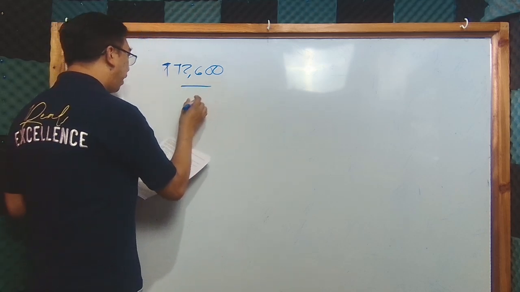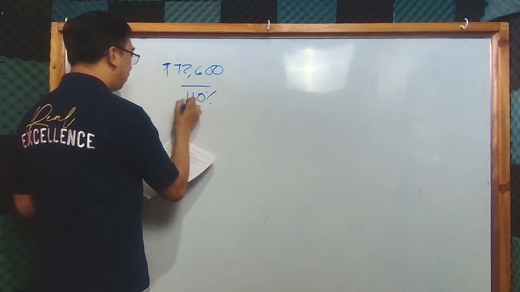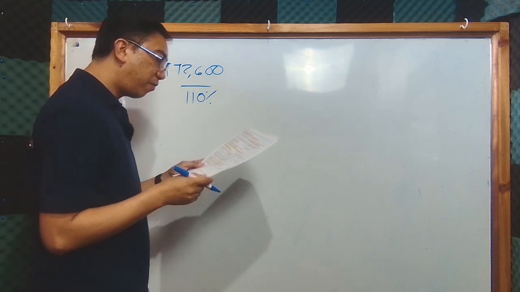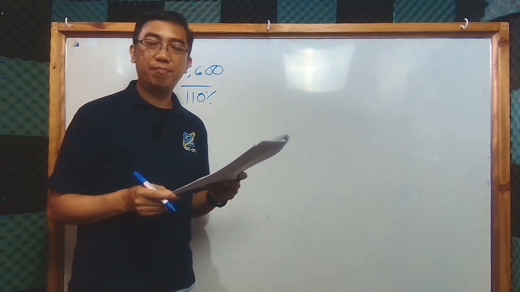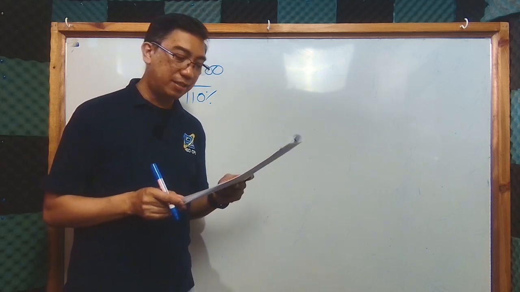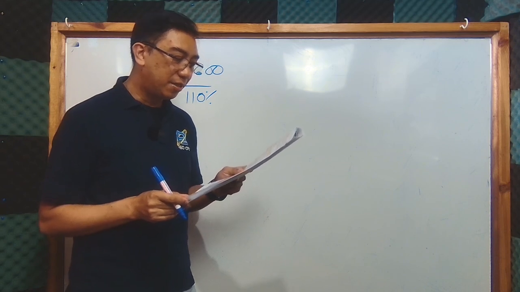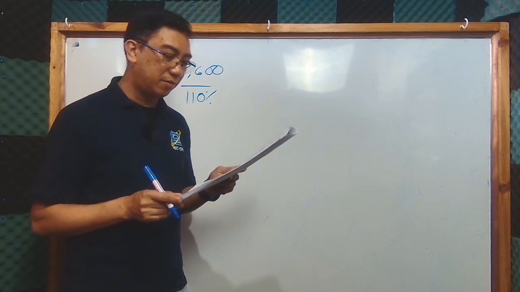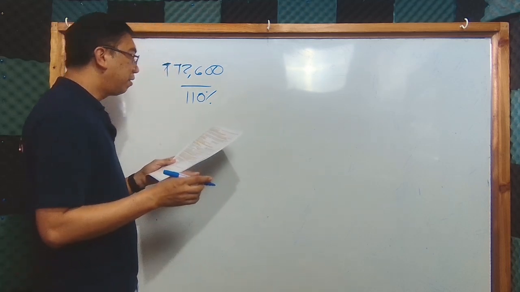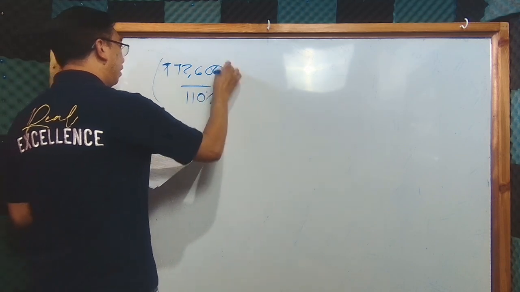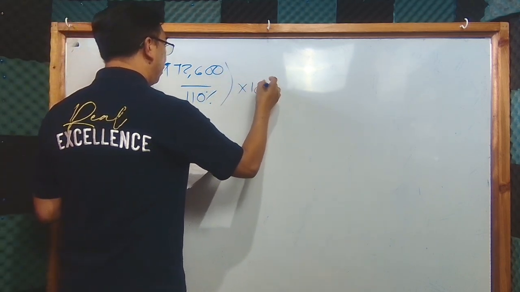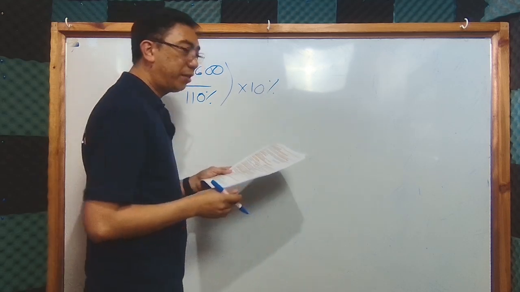So, divided by 110%. Pagka-divide natin ng 110%, nakuha na natin dito is already what? Ito na yung that's before the increase in sales units. Tapos, multiply natin ulit ito times, kasi incremental ang tinatanong, di ba? Times 10% para makuha natin yung net increase.